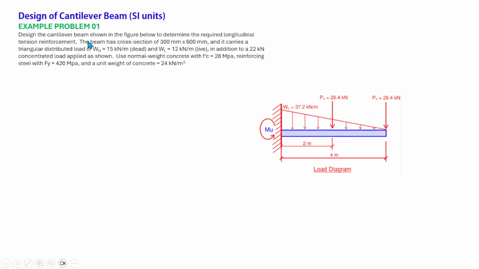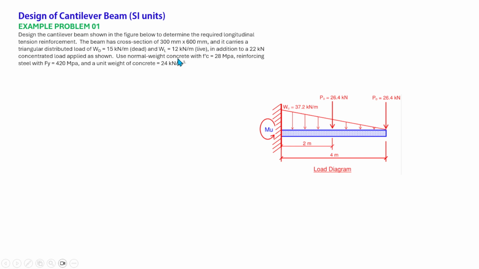Design the cantilever beam shown in the figure below to determine the required longitudinal tension reinforcement. The beam has a cross-section of 300 mm by 600 mm, and it carries a triangular distributed load of 15 kN per meter dead load and 12 kN per meter live load, in addition to a 22 kN concentrated load applied as shown.